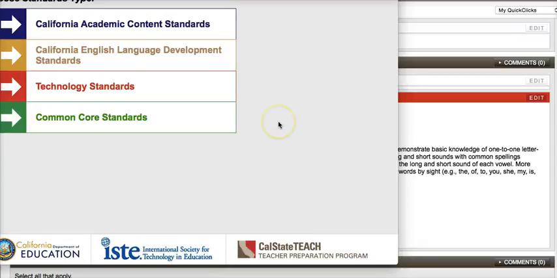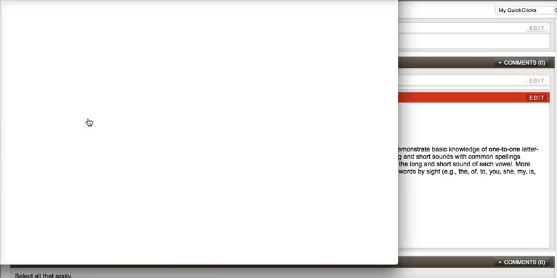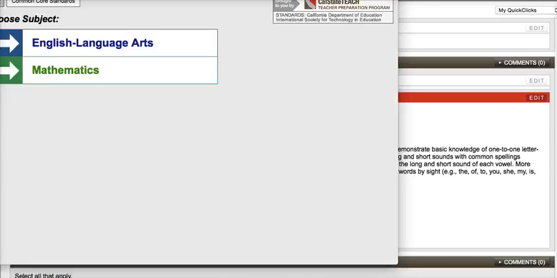As such, if you are doing math or language arts, you will always come to the Common Core section first. And you'll get this screen that says English Language Arts or Math.